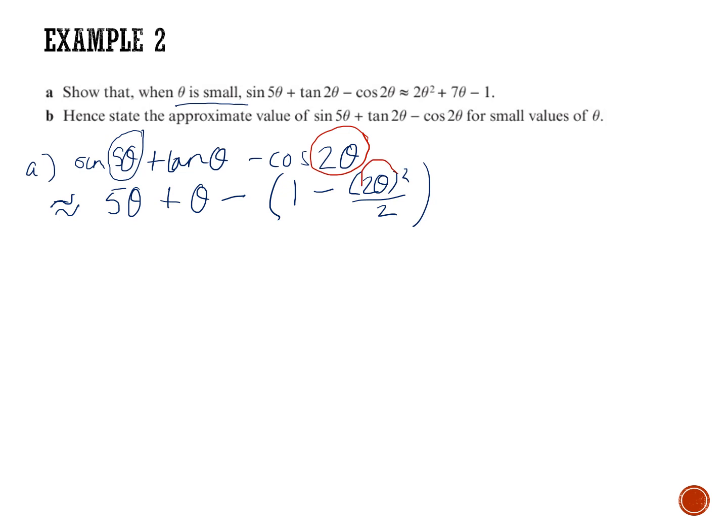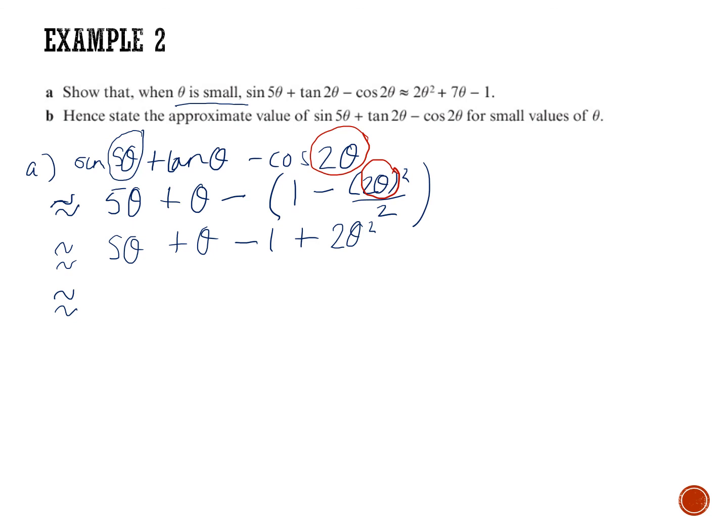That 2 theta must replace that in my small angle approximation, and it must all be squared. Let's just tidy what we've got then. So we've got 5 theta plus theta, we've got minus 1, this becomes a plus. 2 theta all squared is 4 theta squared, divided by 2 gives us our 2 theta squared. And you can see we've got our answer, we just need to reorder it a little bit there.